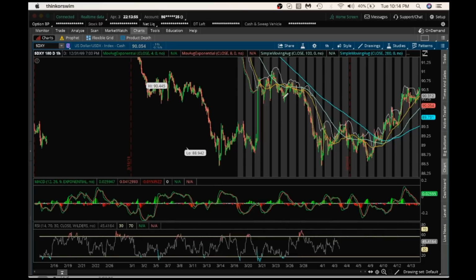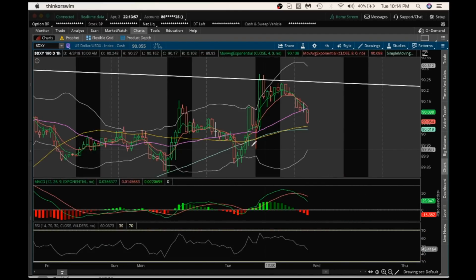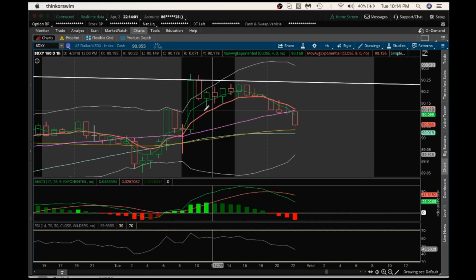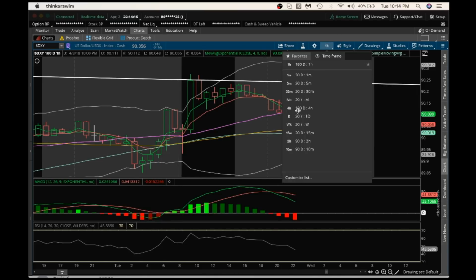Let's look at the hourly, see if there's some hourly supports to watch for. So hourly already breaking support here on the US dollar. What ideally the US dollar bulls wanted to hold would have been the low of this consolidation here of 90.124. So the next support to watch is the low of today, I don't think that's the low of the day actually. Let me just double check.